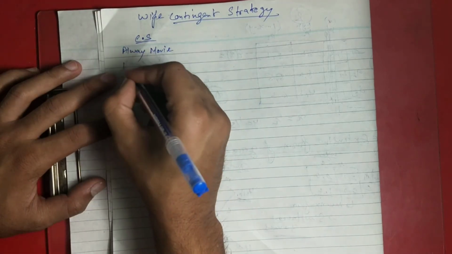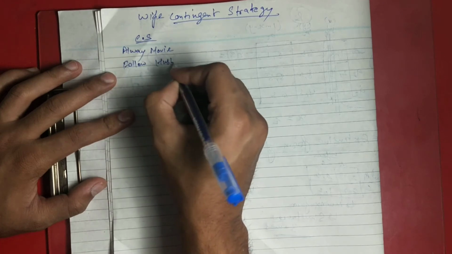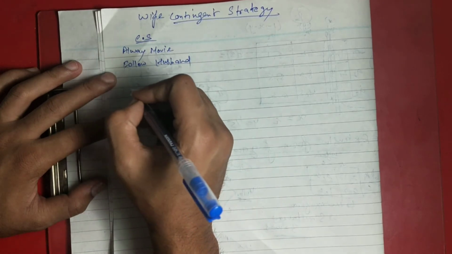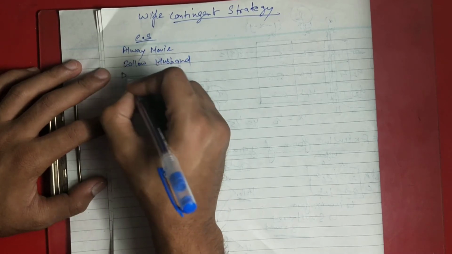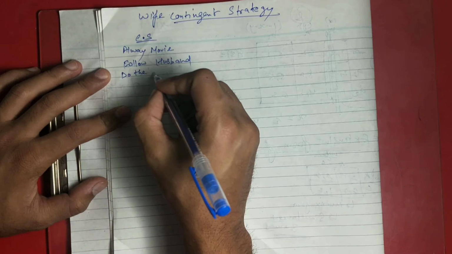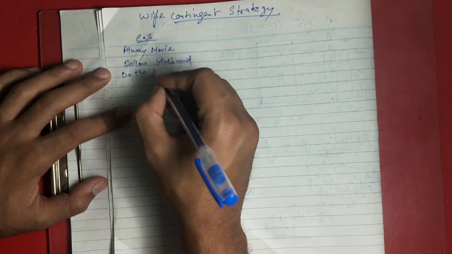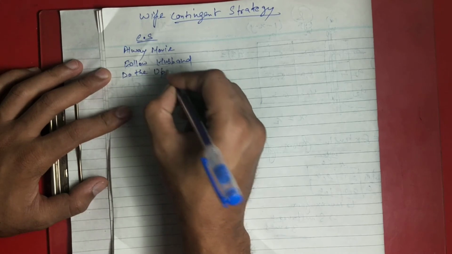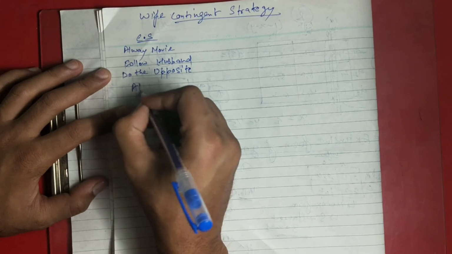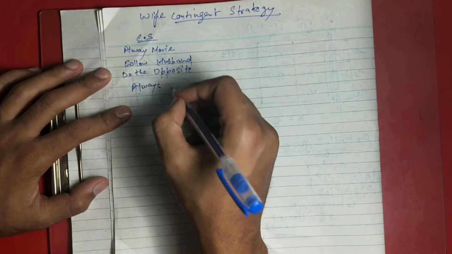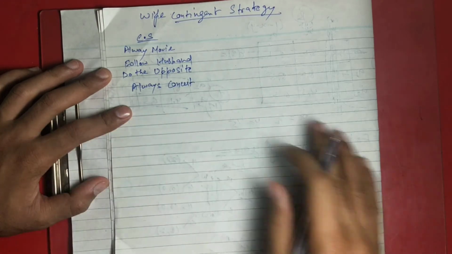Second, she can follow her husband, that whatever husband is choosing, she chooses the same. Third, she can do the opposite, that whatever the husband is doing, she will choose the opposite one. Like if husband is choosing the movie, she will go with concert. Do the opposite. And the fourth one, always concert. So these are the maximum cases.